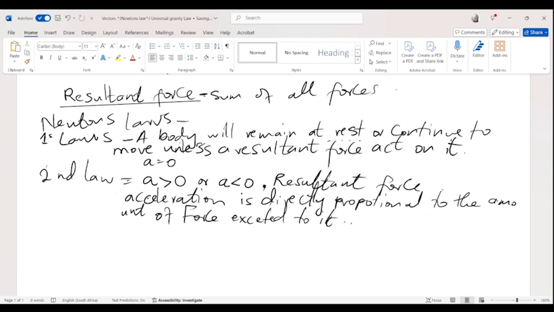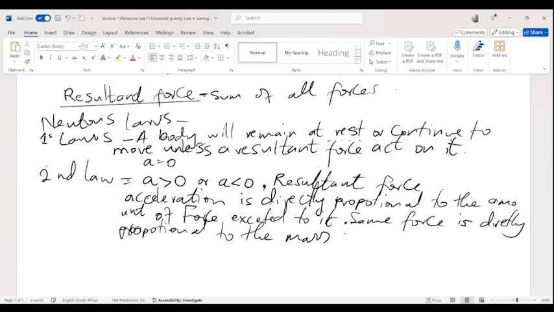And it also states that the same force is directly proportional to the mass that the force is put on.